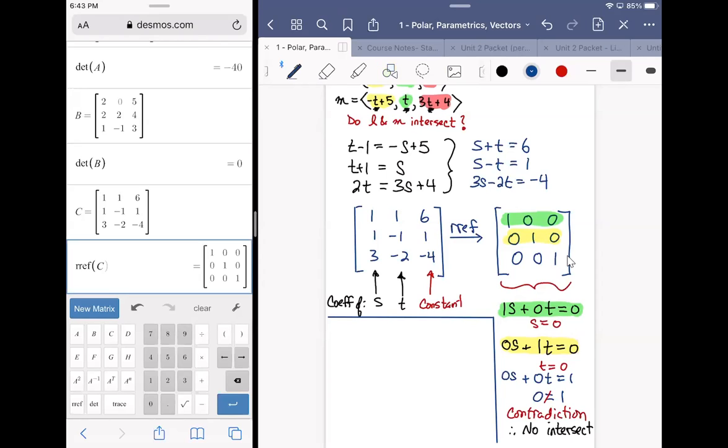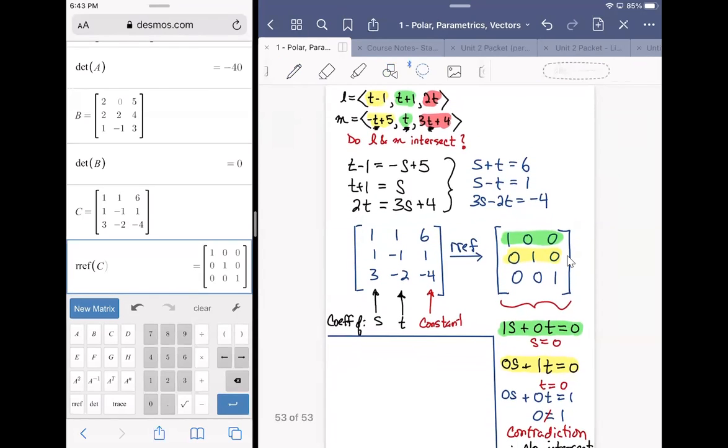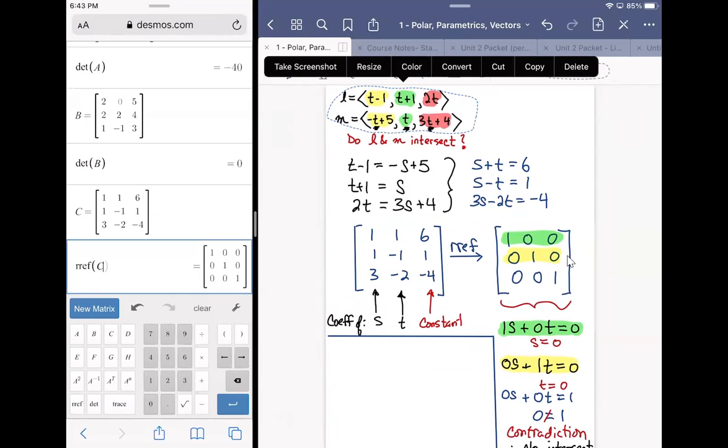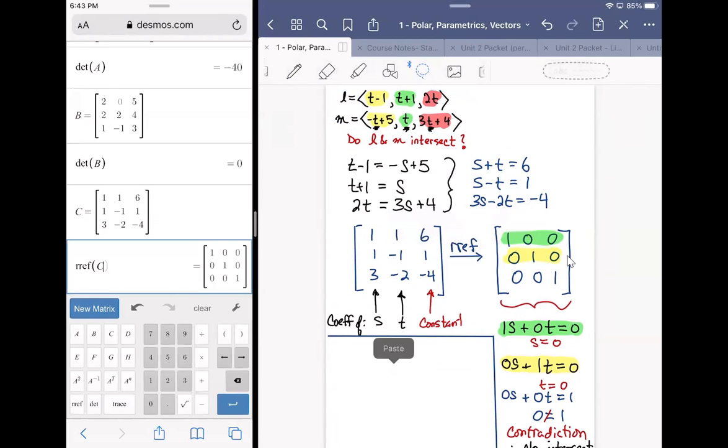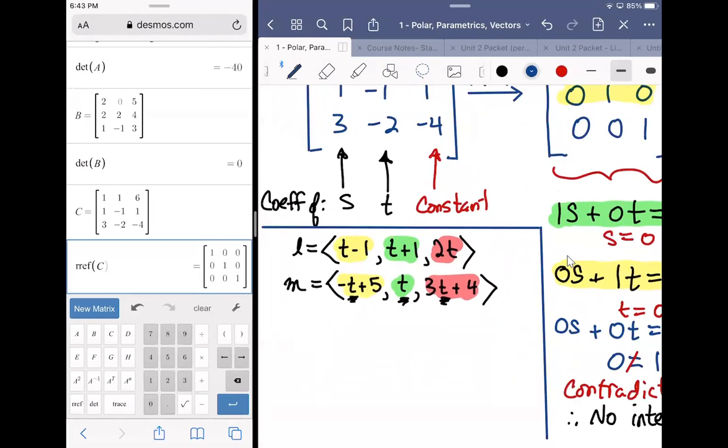So what I would do is take, again, my lines. Let me bring them back. Here I can just leave them in their current form. What we would want is the parallel vectors.